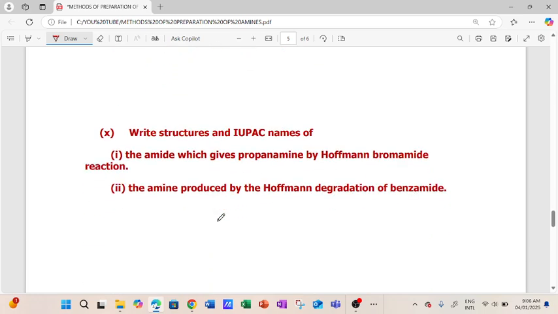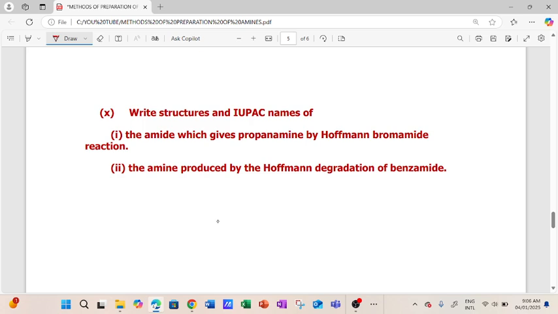Now the amide which gives propanamine. We get propanamine by using Hofmann bromamide degradation. Which amide do we have to select to get this product? Since it is propanamine, the amide should be butanamide, one carbon extra, because during Hofmann bromamide degradation, one carbon will be lost.